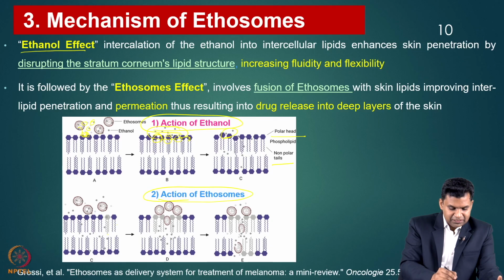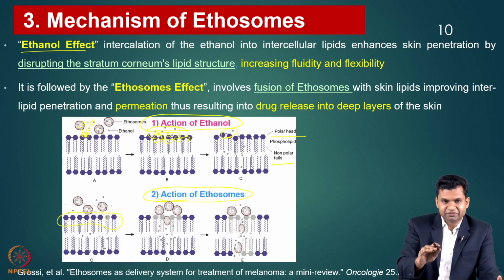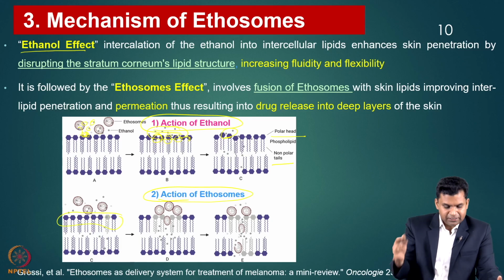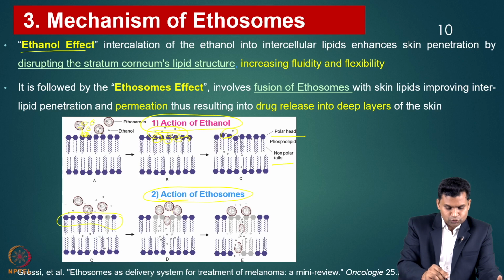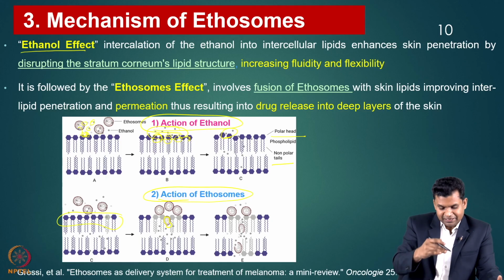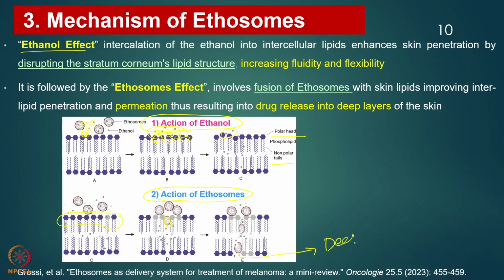Now, you can see here this structure is already disturbed. Once the ethanol effect is done, the ethosomes will fuse into the structures of the lipid layer, and further will enter into the deeper layers of the skin.